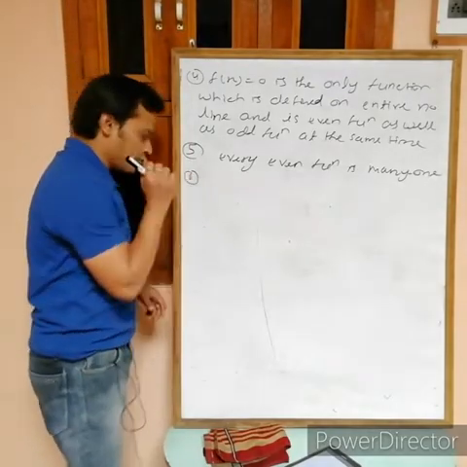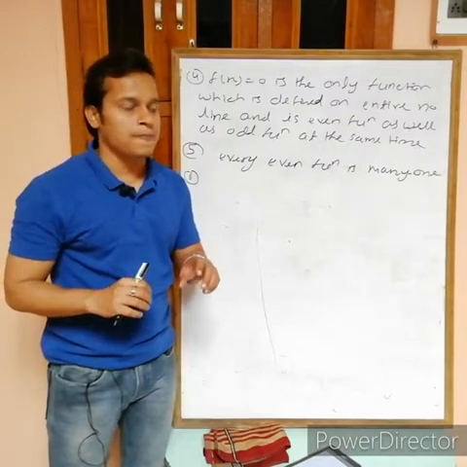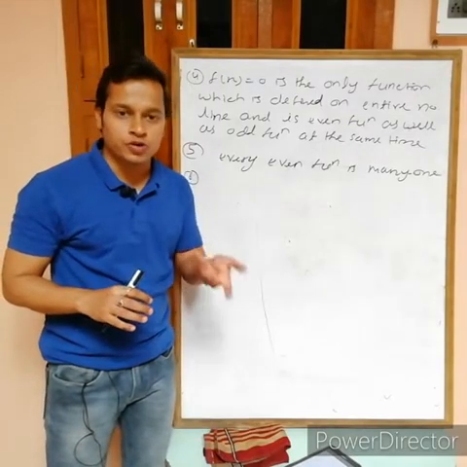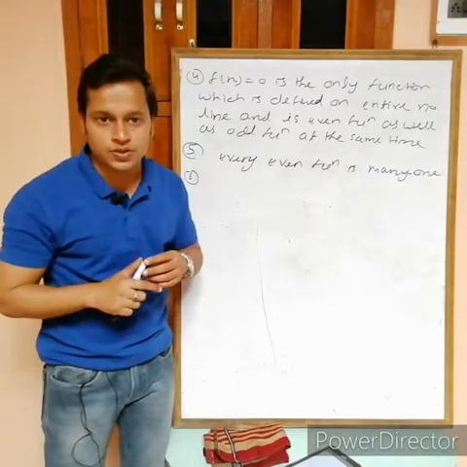Okay, sixth point. Suppose f(x) is an odd function and 0 belongs to the domain, then f(0) is always equal to 0.